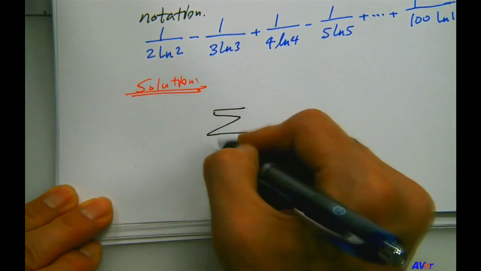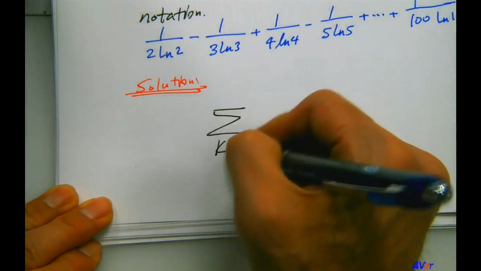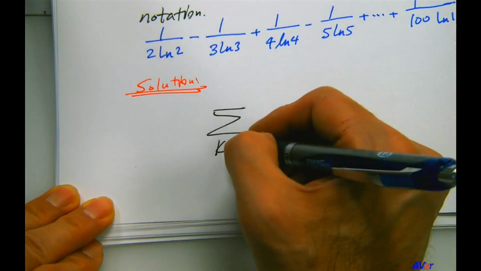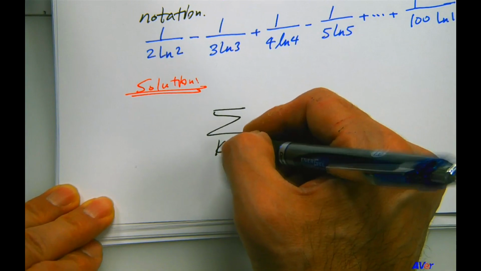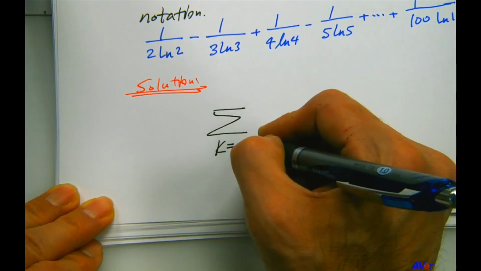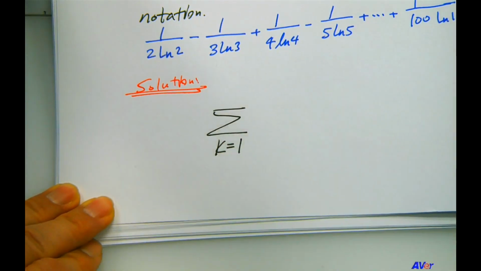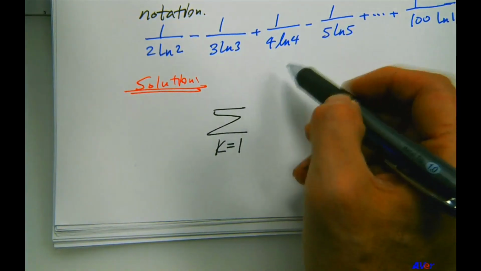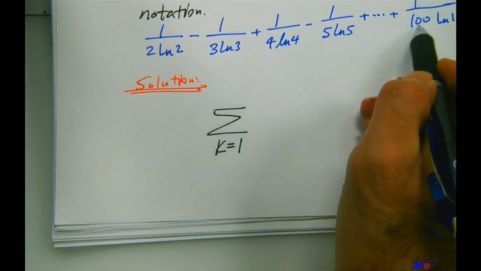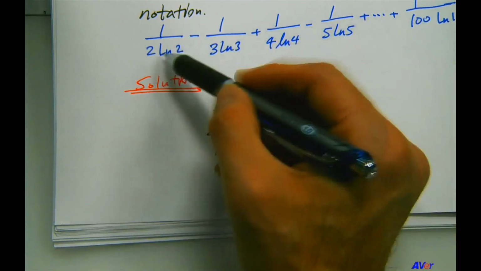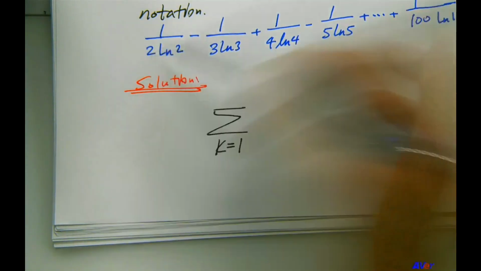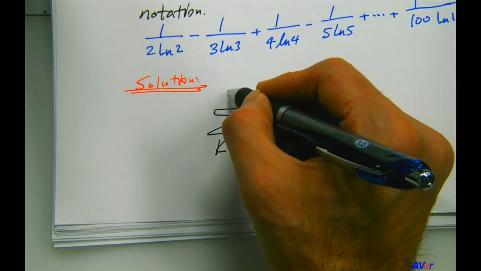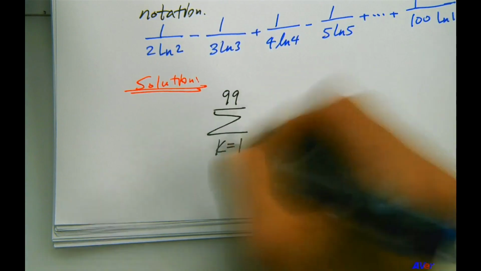I'm going to call it k because your book calls this index k for some reason. Usually I've seen it called with the letter i, but this is letter k. So k beginning with 1, and then it's going all the way to 99 here, since that is the first term, and that is 2, so this is 100.